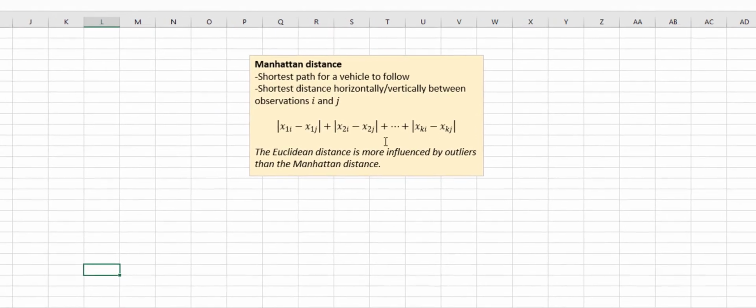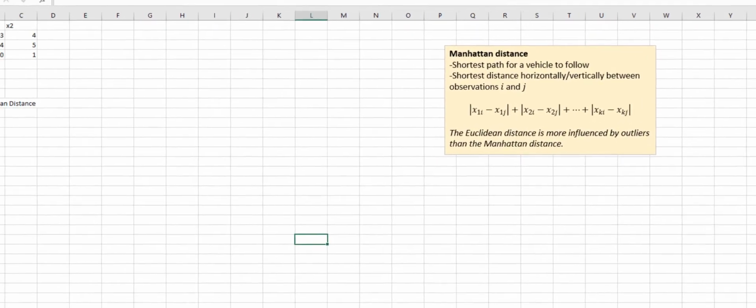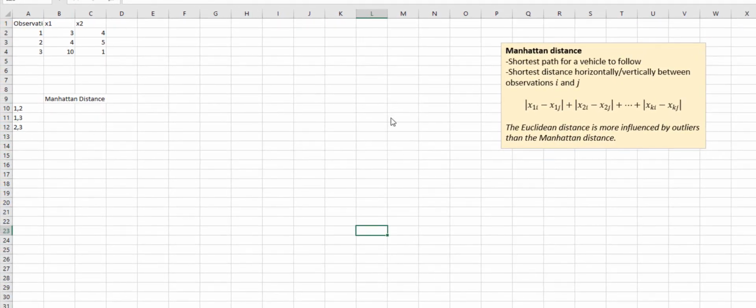Let me show you how to calculate Manhattan distance using the three observations we have here. So we have three pairs, 1 and 2, 1 and 3, and 2 and 3. We will calculate Manhattan distance between all paired observations. Let's start with 1 and 2. Take the absolute value of x11 minus x12, plus the absolute value of x21 minus x22.